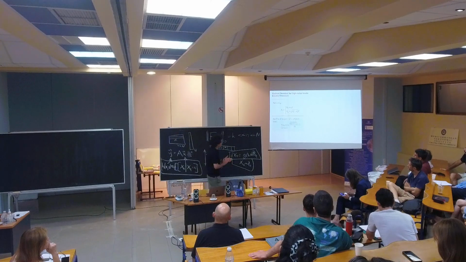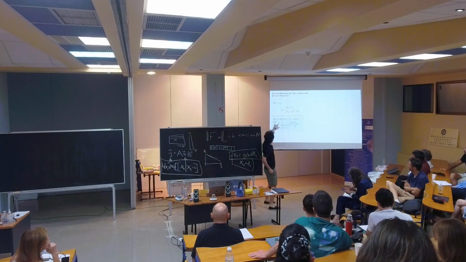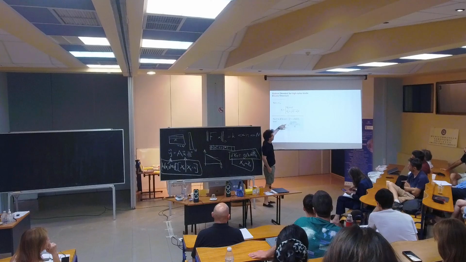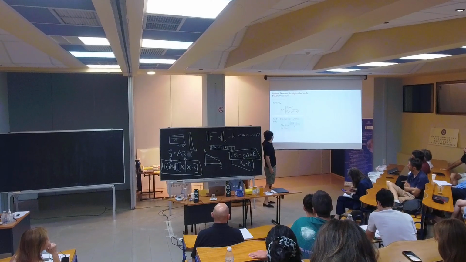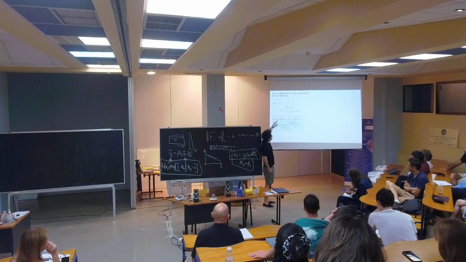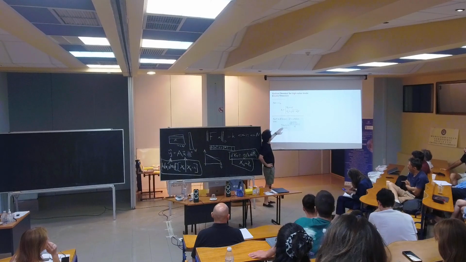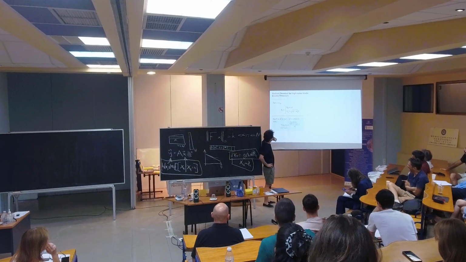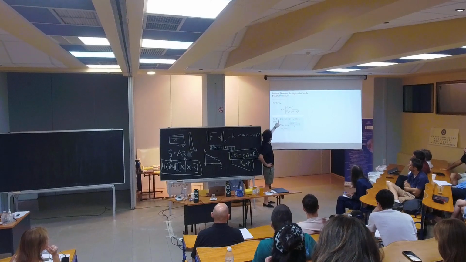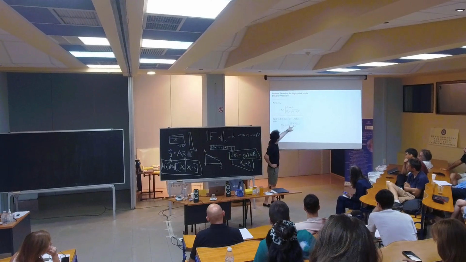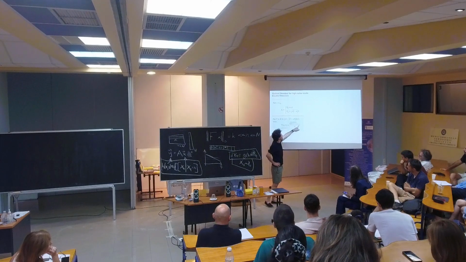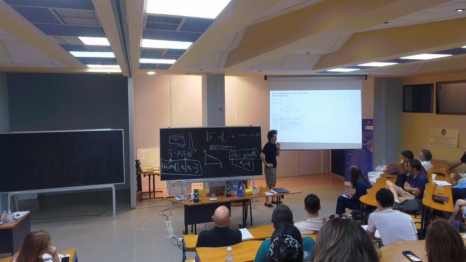Also remember Tweedie's formula. If you have two random variables, like y is just x with some noise, then if you want to reconstruct x given observations of y, Tweedie's formula tells you that the score of y is just the denoiser of x given y, minus y, over the extra noise variance that you added.